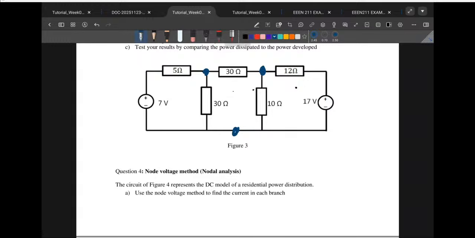So, of course, when we are dealing with the nodes, we're only going to deal with 2 because we don't deal with this ground if we are doing our KCL equations and stuff. Because here is going to be mesh number 1, mesh number 2, mesh number 3.